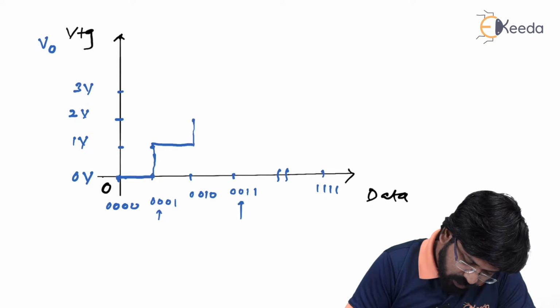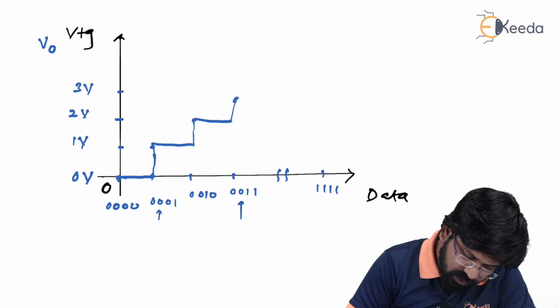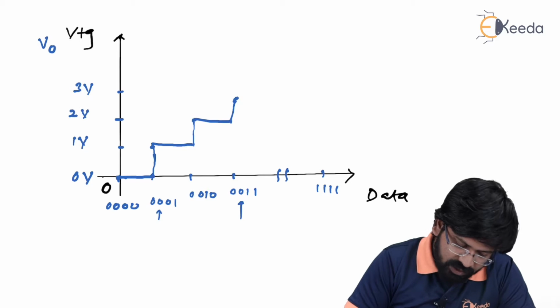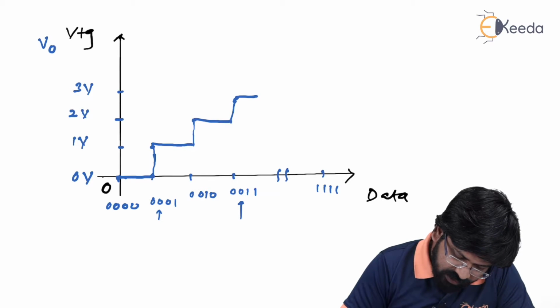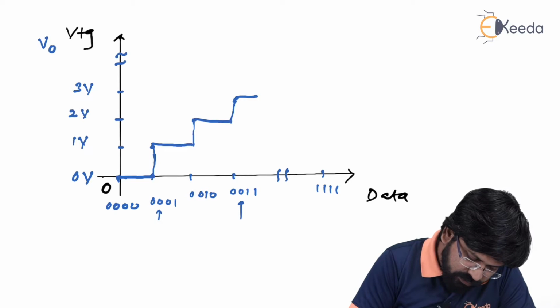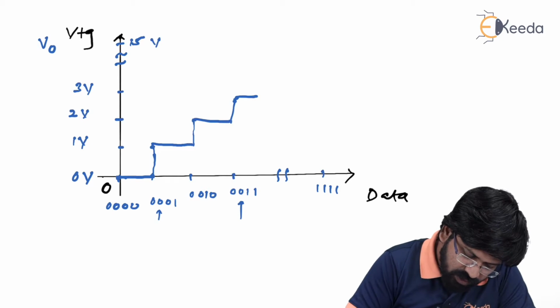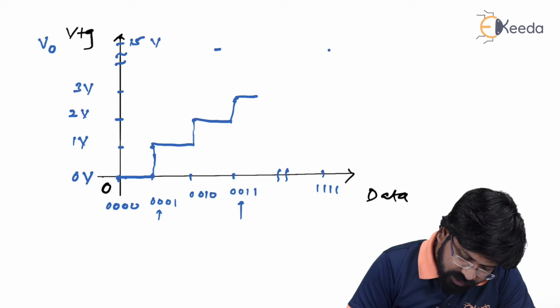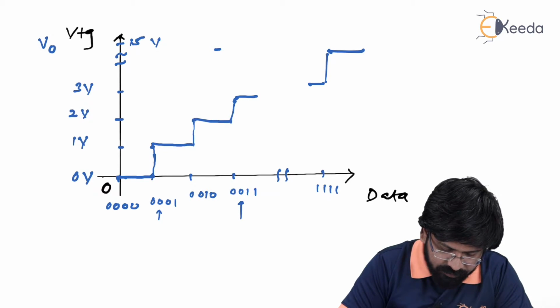Again the output gets shifted to 3 volt at 0011 input. This keeps on happening. At last, you can see that output goes to 15 volt, somewhere here it switches to 15 volt.